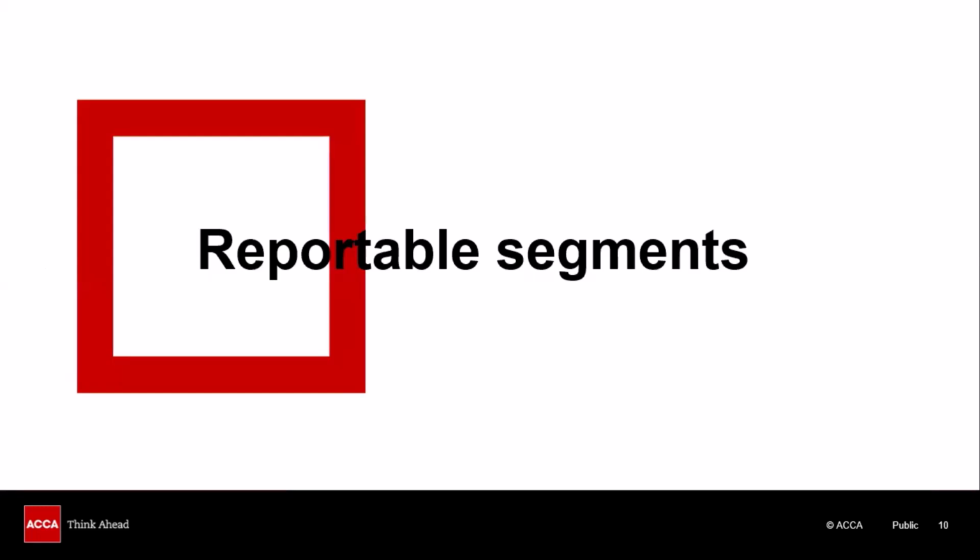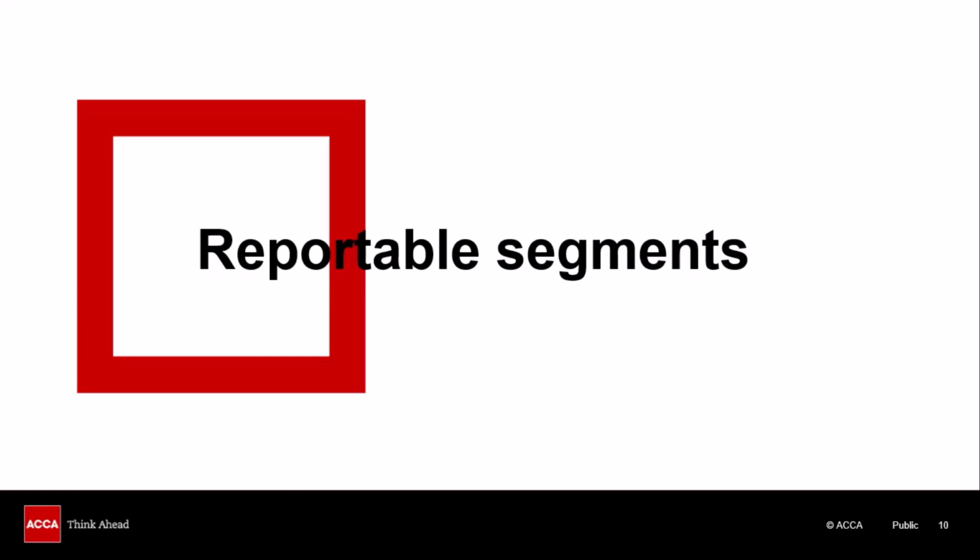The next, we're going to look at reportable segments. So we have understood what an operating segment is. We say it's a component of an entity that engages in business activities from which it may earn revenues and incur expenses. We also say it needs to have discrete financial information, needs to have separate financial information. And we say this is a component of a business whose operating results are regularly reviewed by that function.